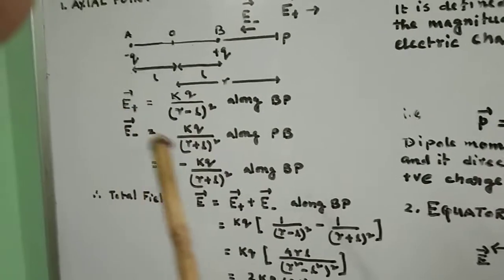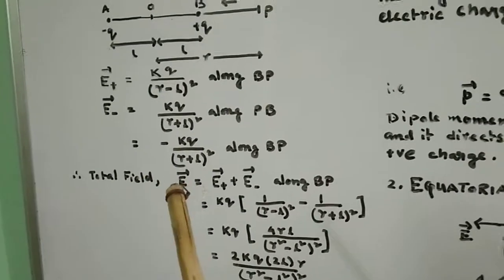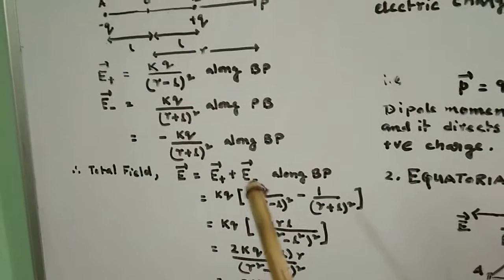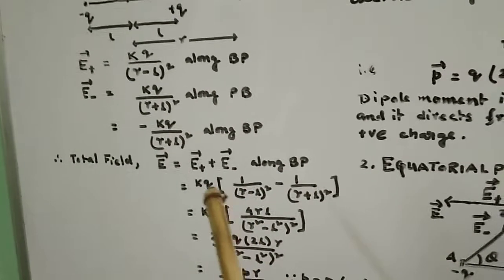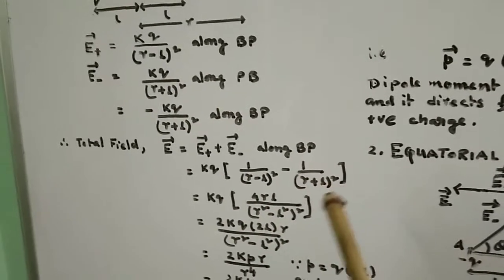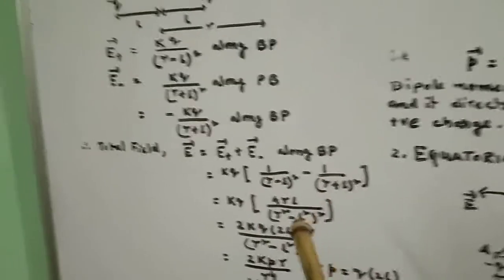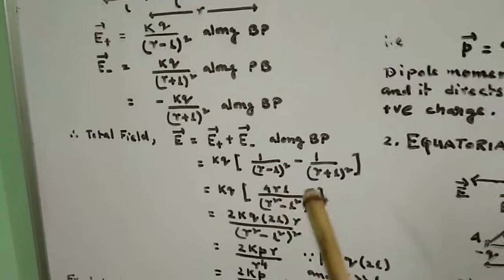Now E plus vector and E minus vector are in the same direction, so you can get the total field by adding these two terms. E plus vector plus E minus vector is along BP. Substituting, KQ times 1 by R minus L whole square minus 1 by R plus L whole square. If you take the LCM, it becomes R square minus L square whole square, and if you simplify, the numerator becomes 4RL.